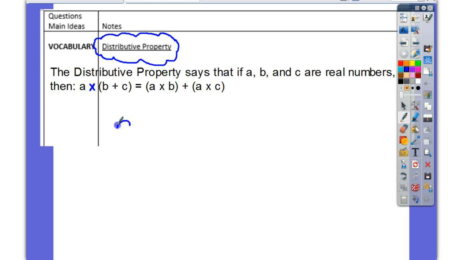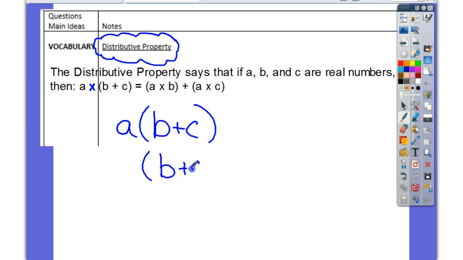You're going to see it written like this, A(B plus C), without anything between the number or the variable and the parentheses. Sometimes you'll see it written like this, (B plus C), and the A will be back here. Doesn't matter, you're still going to get the same answer.